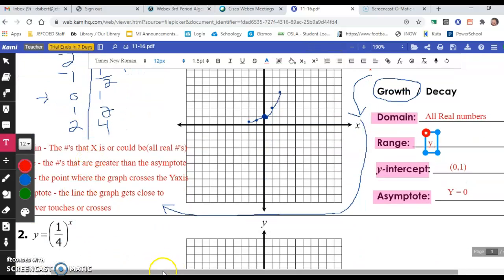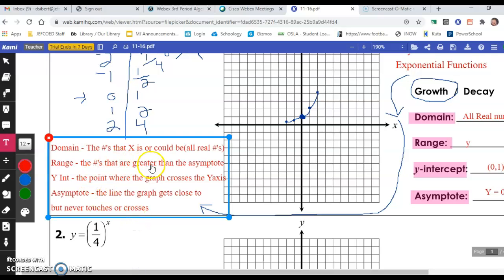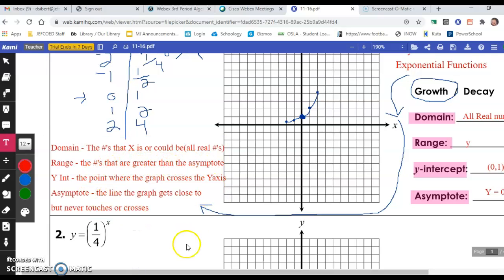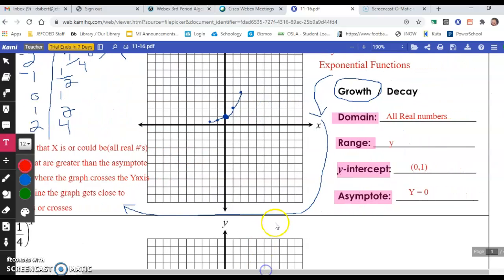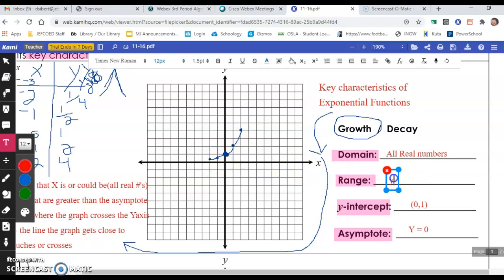It gets close to but never touches. Okay, the range is numbers that are greater than your asymptote. So all of these numbers are greater than what? Every single one of them. 0. So whatever your asymptote is, all your y values will always be greater than it, okay?